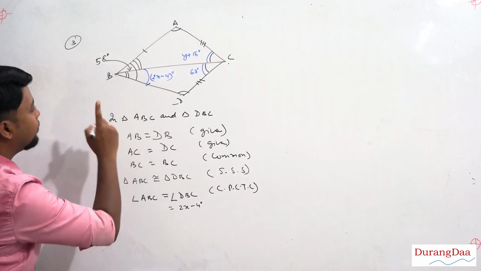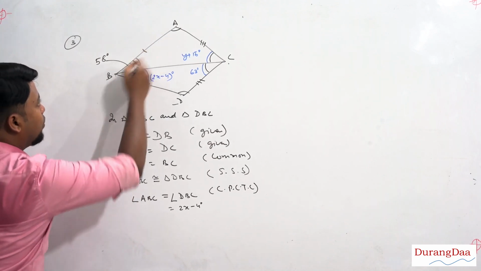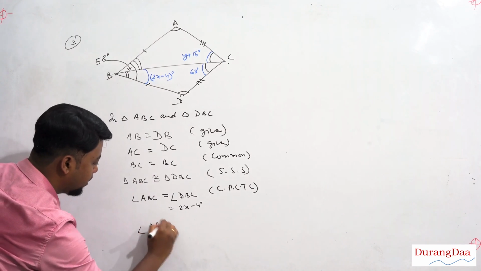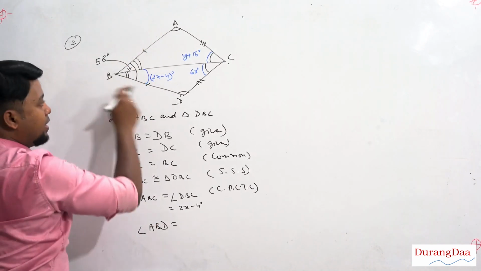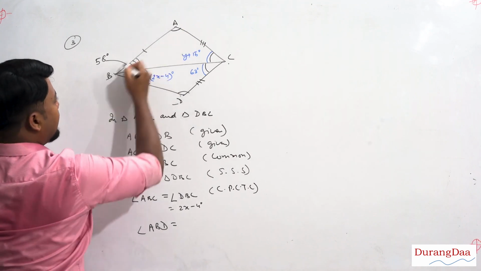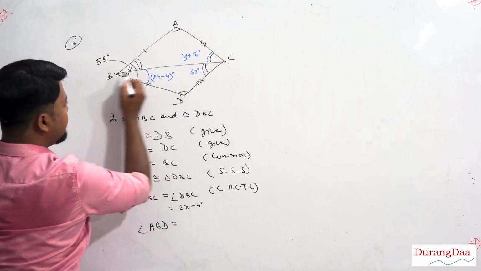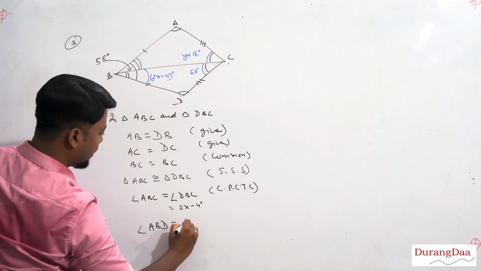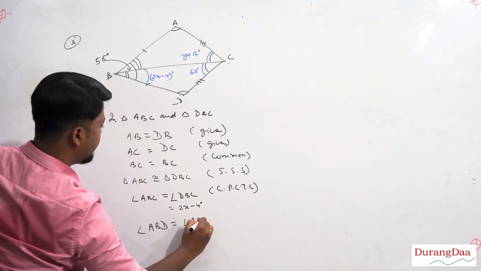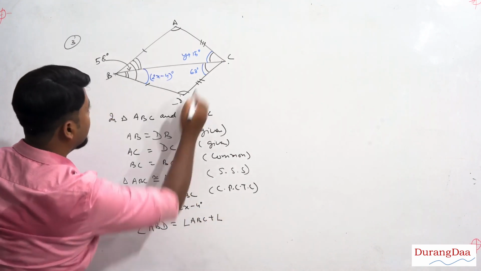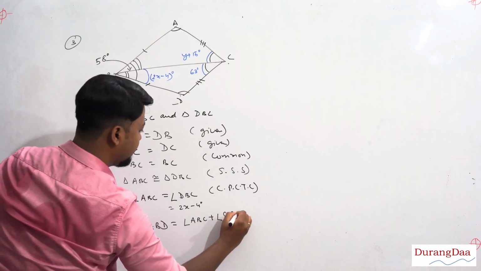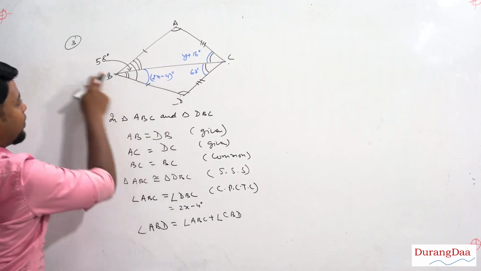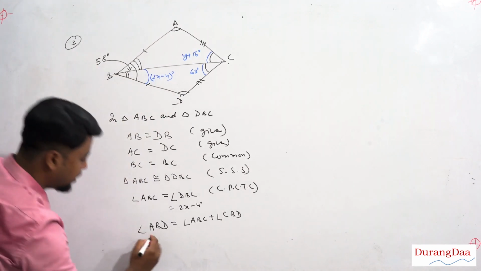Now we are going to find the first angle, that is x. Look carefully at angle ABD. Angle ABD is made up of two angles, angle ABC plus angle CBD. That means this angle plus this angle. So mention it here. It is equal to angle ABC plus angle CBD. But the value of angle ABD is already provided, that is 58 degrees. Write it here, substitute the value.